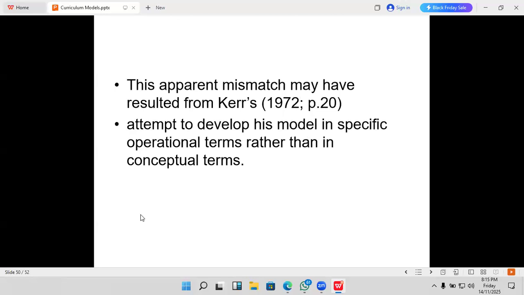This apparent mismatch may have resulted from Kerr's attempt to develop his model in specific operational terms rather than in conceptual terms. That is also one criticism.